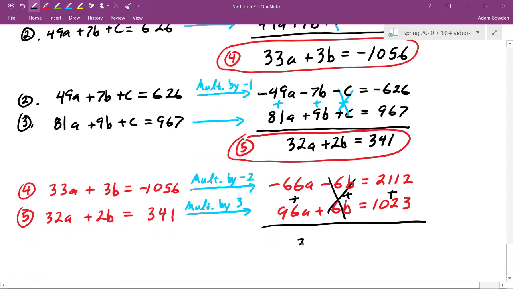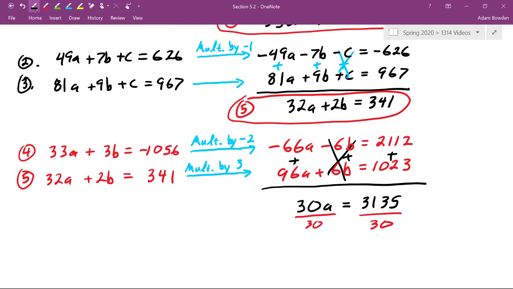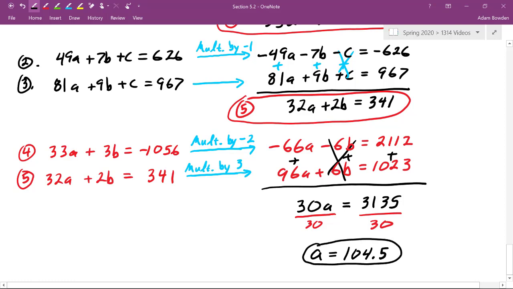What we'll be left with is 30a equal to 3,135. Not the easiest number to work with, but we do need to divide out the 30 from both sides. It doesn't come out to be a whole number, but it's a fairly manageable decimal. 104.5 will be our value for a.